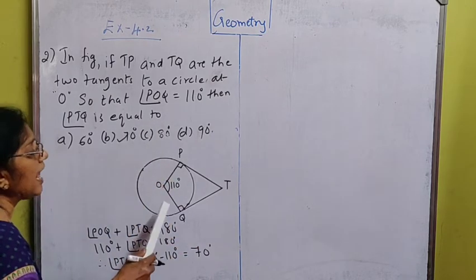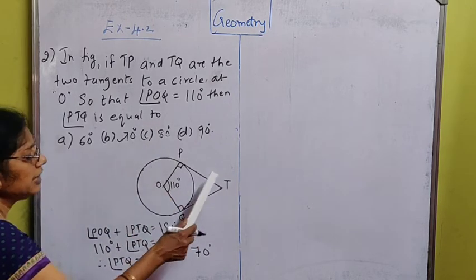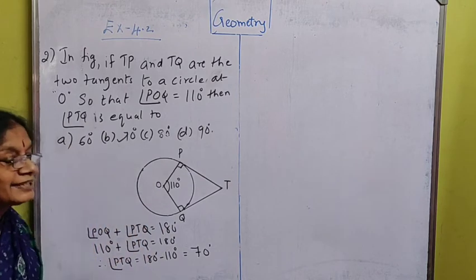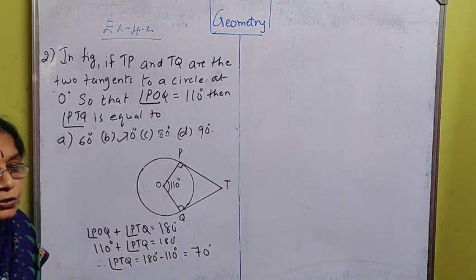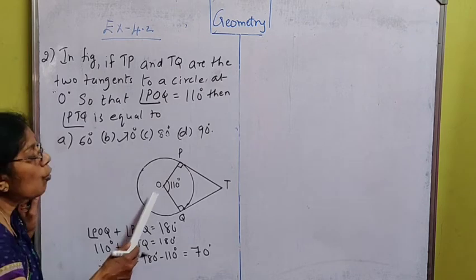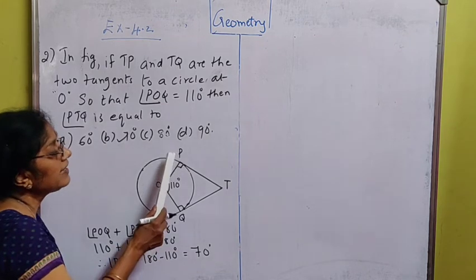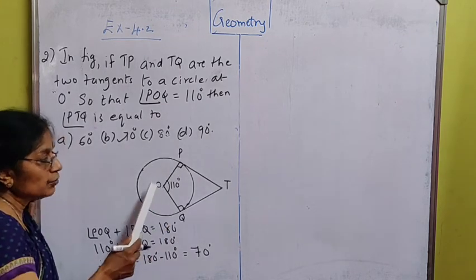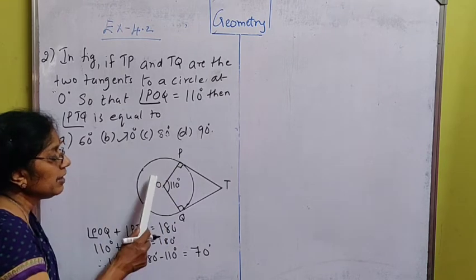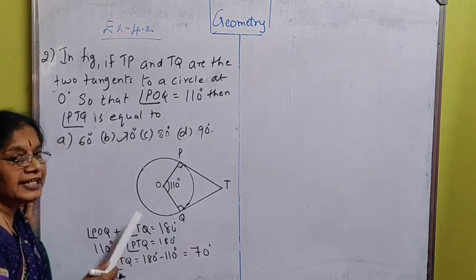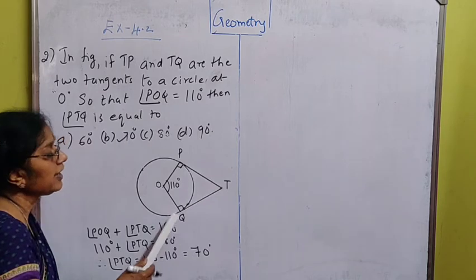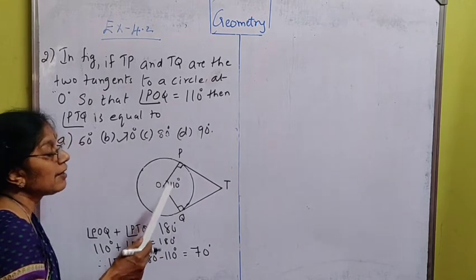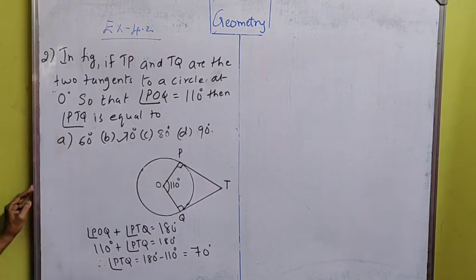The sum of all the angles, that is angle P plus angle T plus angle Q plus angle O, is equal to 360 degrees. Now OP is the radius and PT is the tangent, so angle OPT is 90 degrees. Similarly OQ is the radius and TQ is the tangent, so angle OQT is also 90 degrees. So angle P plus angle Q will become 90 plus 90 is equal to 180 degrees.